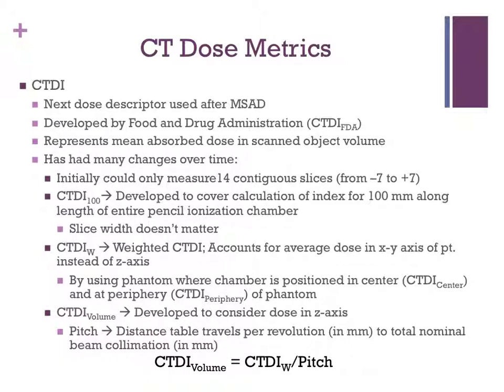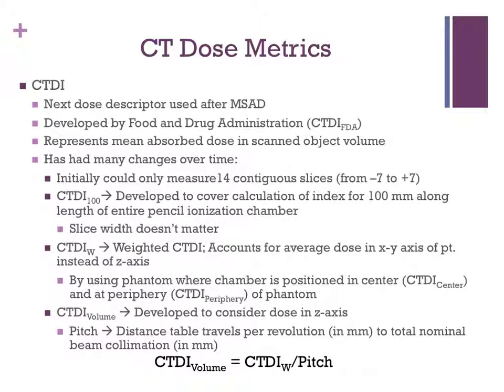The next change in the CT dose descriptor is the introduction of the weighted CTDI. It accounts for the average dose in the XY axis of the patient instead of the Z axis. And this is accomplished using a phantom where the pencil ionization chamber is positioned in the center and at the periphery of the phantom.